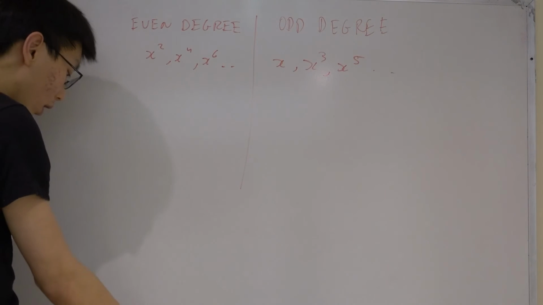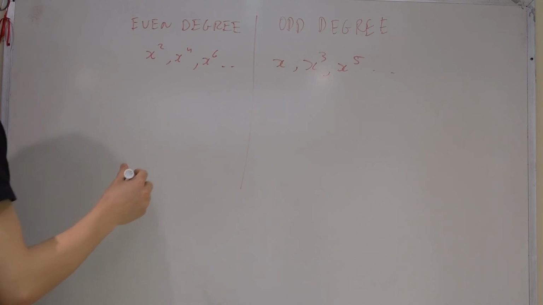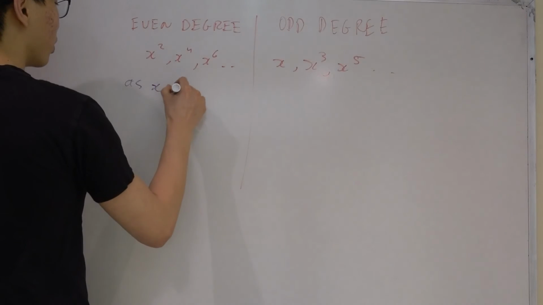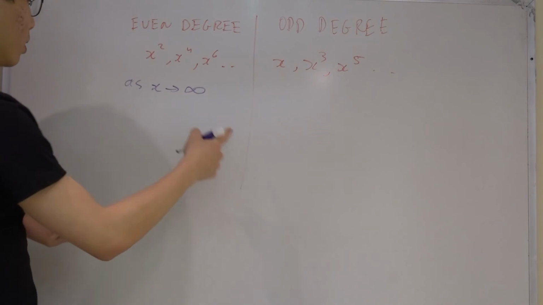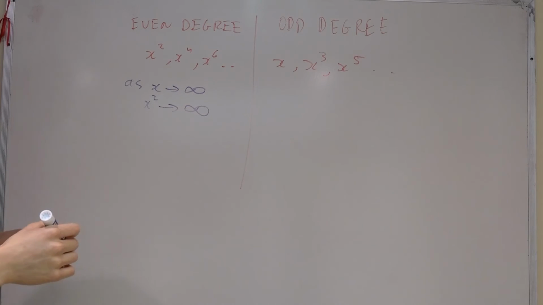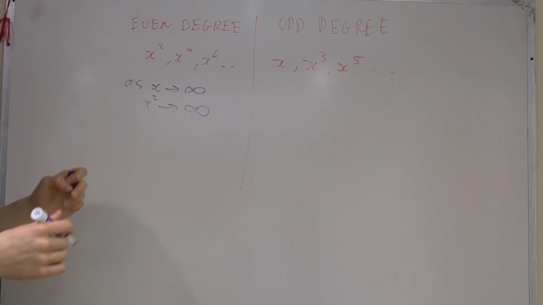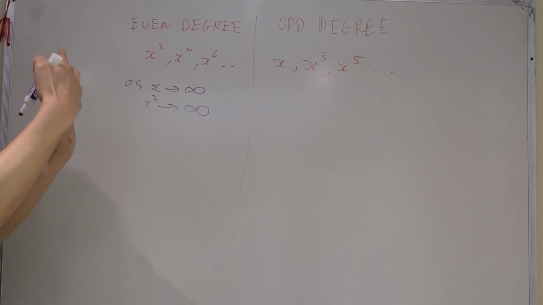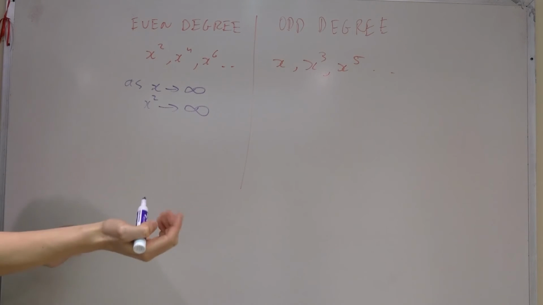What happens when I start putting really big numbers in here? Well, they start getting really big, right? So as x approaches infinity, so that means as x gets really, really big, x squared also gets really, really big. And as I put negative numbers in here, well, the square is an even power, so it actually multiplies it twice, and so negative numbers will become positive, right?